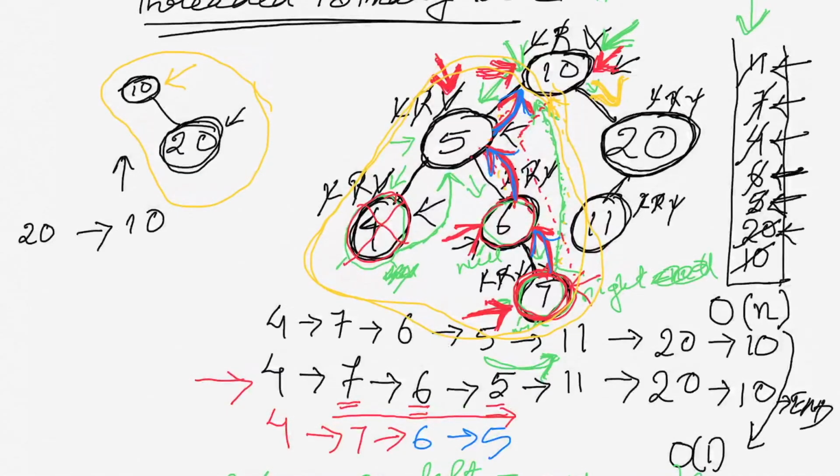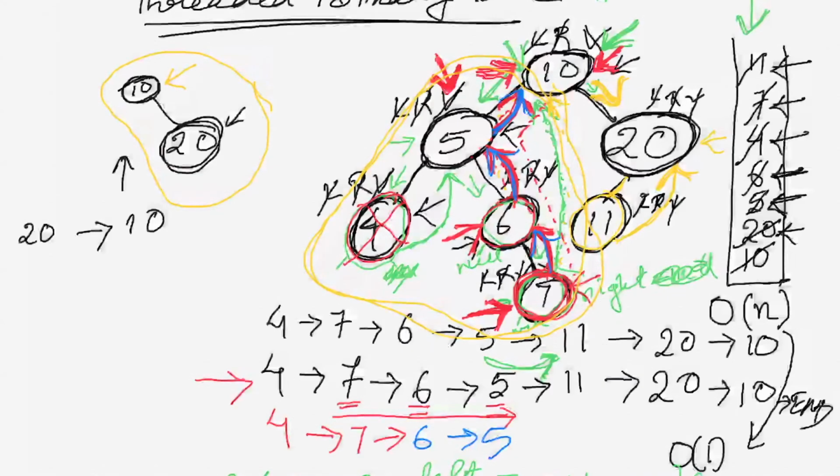So here we see that 20 has a left child, so we can compute its predecessor. So we see that, yeah, the node with value 11 is the predecessor. We modify the right child pointer of the node with value 11 and point it to the successor node, which is the current node 20.